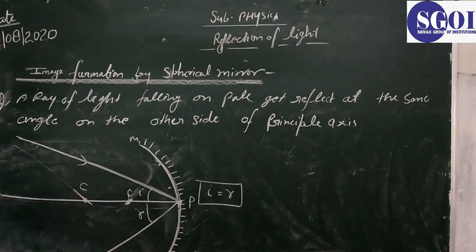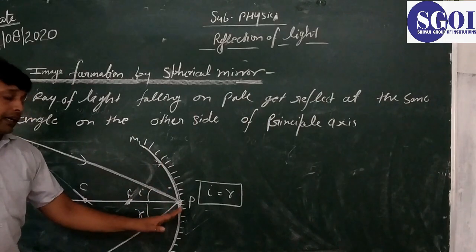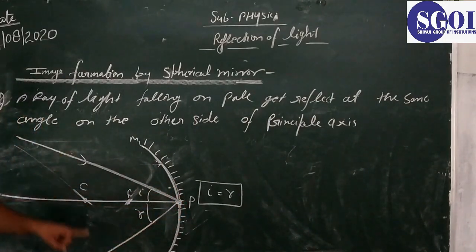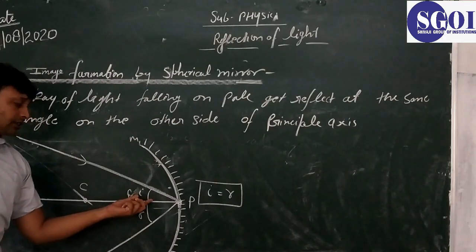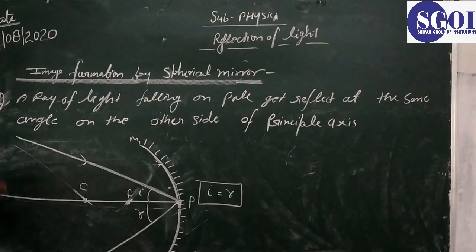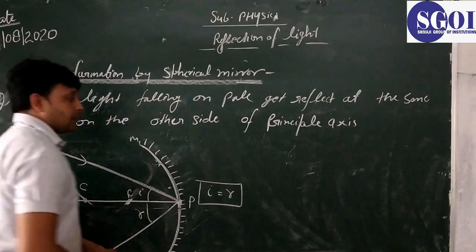The third tip is when a light ray falls on point P, after falling it is reflected to the other side. In this case the incident angle is equal to the reflection angle. This is called the third tip for image formation by spherical mirrors, and the same condition holds in the convex mirror.